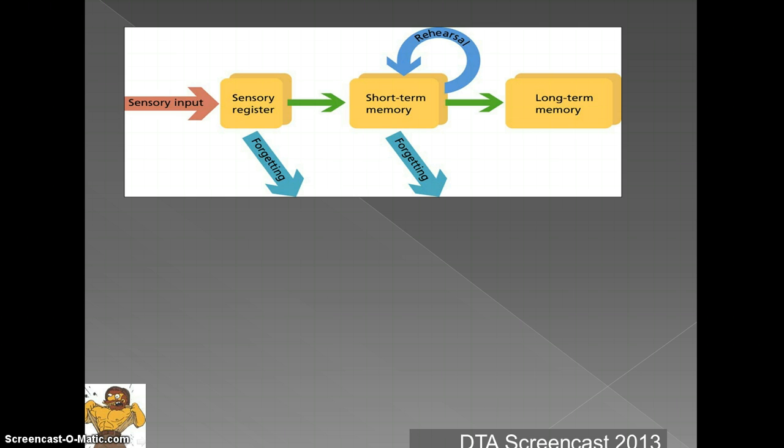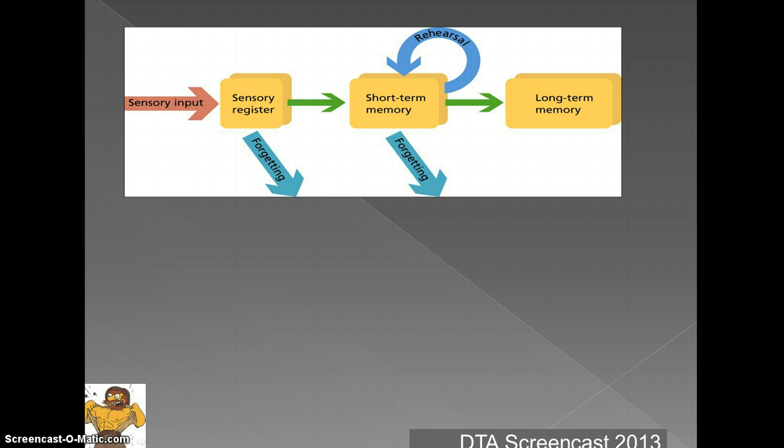And this store in essence is what happens immediately. Everything that takes place is filtered, and we call this filtering selective attention. We've also covered this in information processing, but it's about you as an athlete focusing on the particular cues that are important for you to achieve your desired outcome.